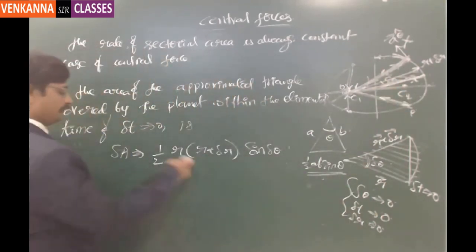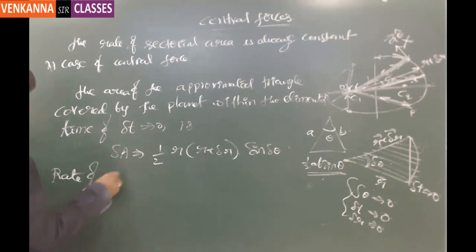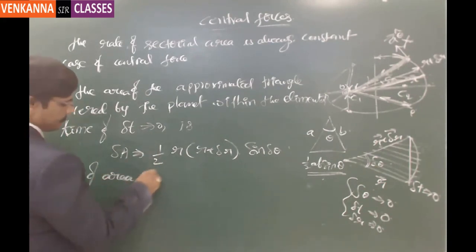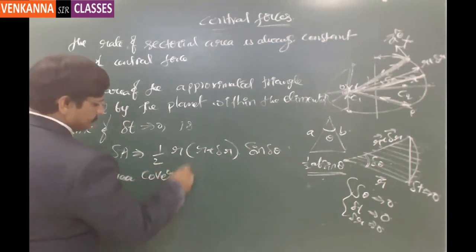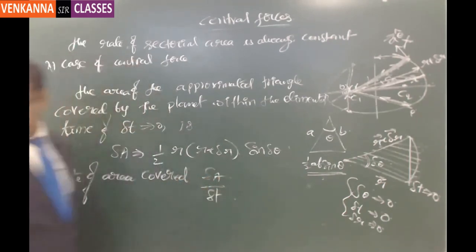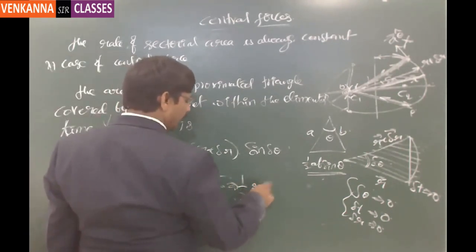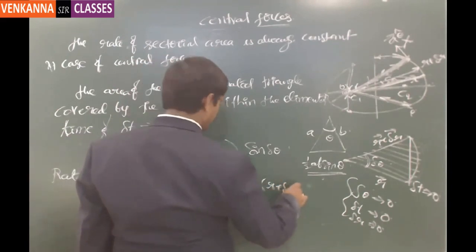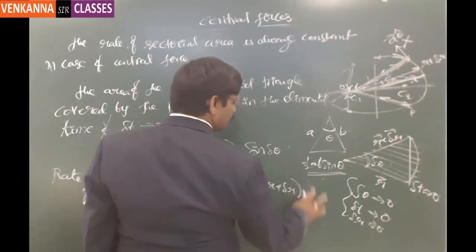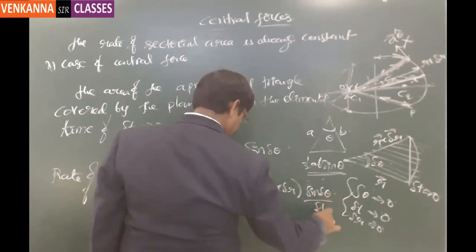So here if I take the rate of area covered, delta A by delta t is equal to half of r into r plus delta r into sine of delta theta by delta t.